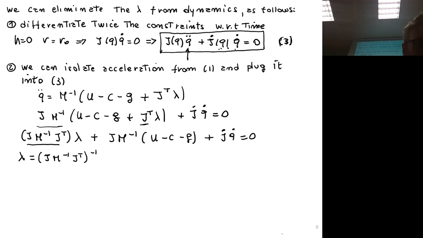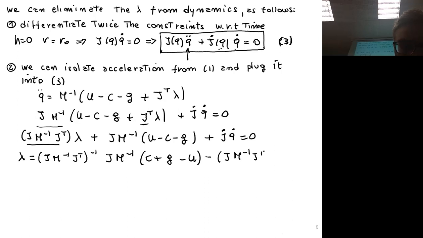And we have the opposite sign, so we have c plus g minus u, and the inverse of J M inverse J transpose, times J M inverse, and minus J dot q dot.